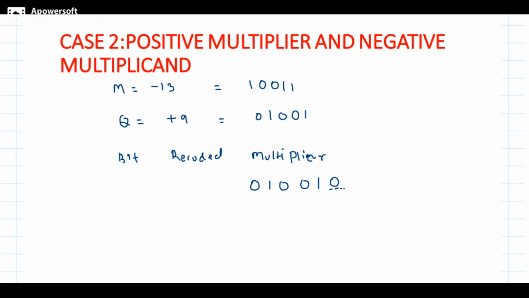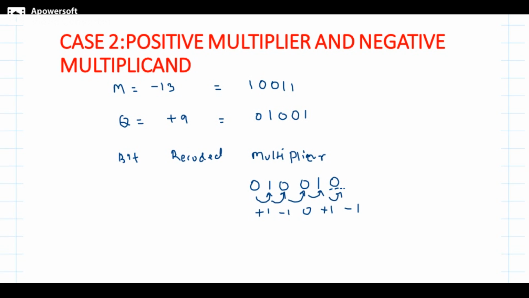Now check the transitions. 0 to 1 is plus 1, 1 to 0 is minus 1, 0 to 0 is 0, 0 to 1 is once again plus 1, 1 to 0 is minus 1. So this is the new value of q, the bit recoded multiplier.